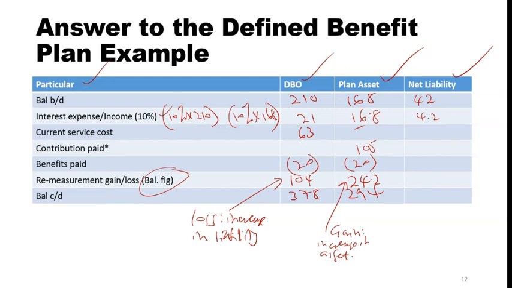Then for the current service cost, that's 63 minus 0, that's 63. Then for the plan assets, we have 0 minus 105, a negative 105.